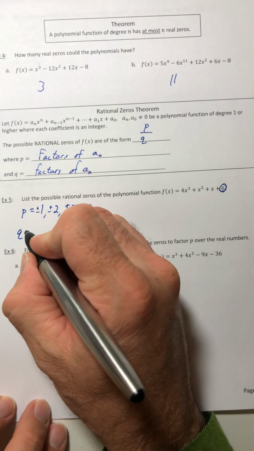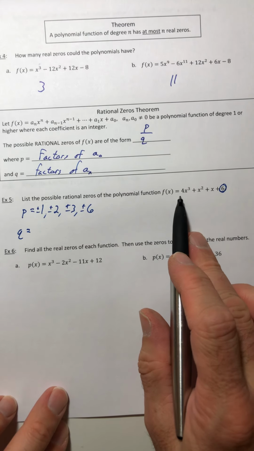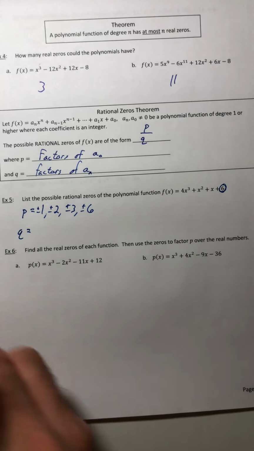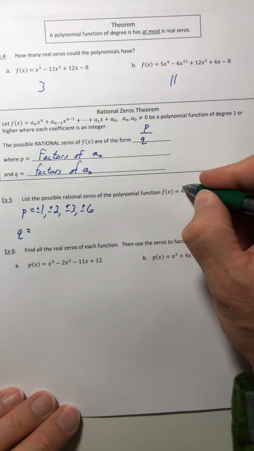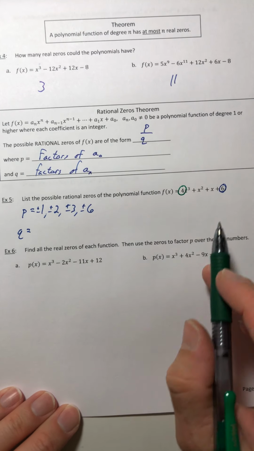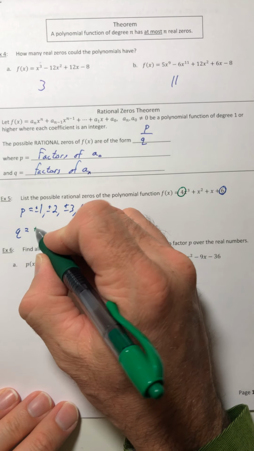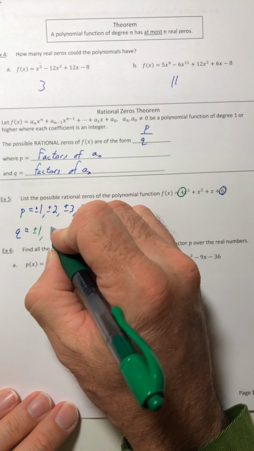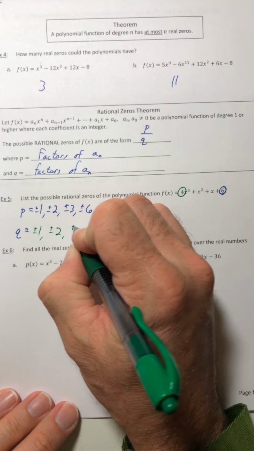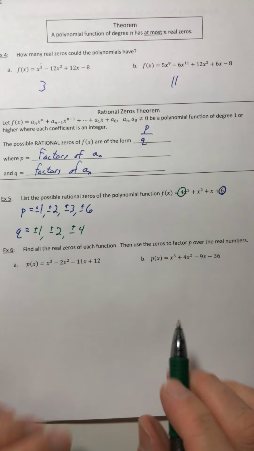So for Q, now you're going to go back and look at the leading coefficient. So Q would be the factors of 4: plus or minus 1, plus or minus 2, and plus or minus 4.